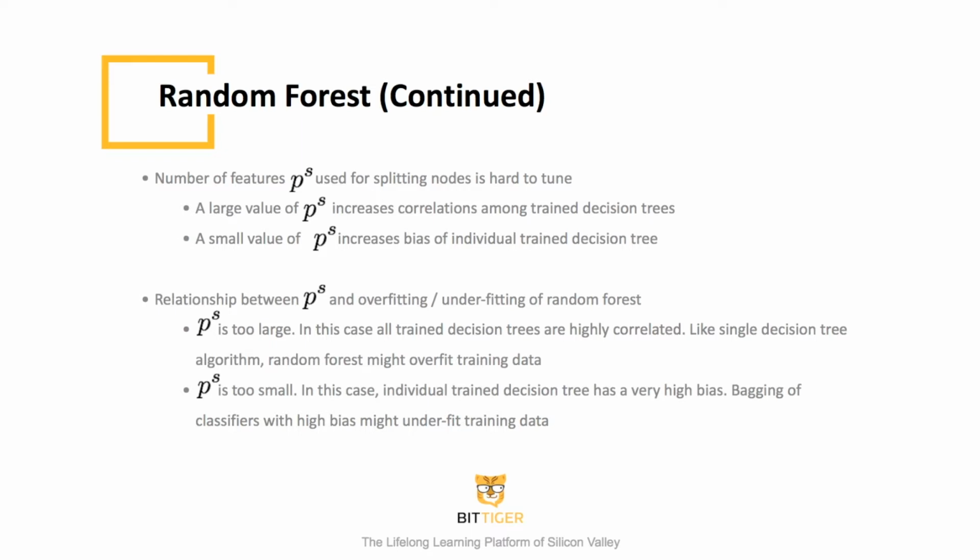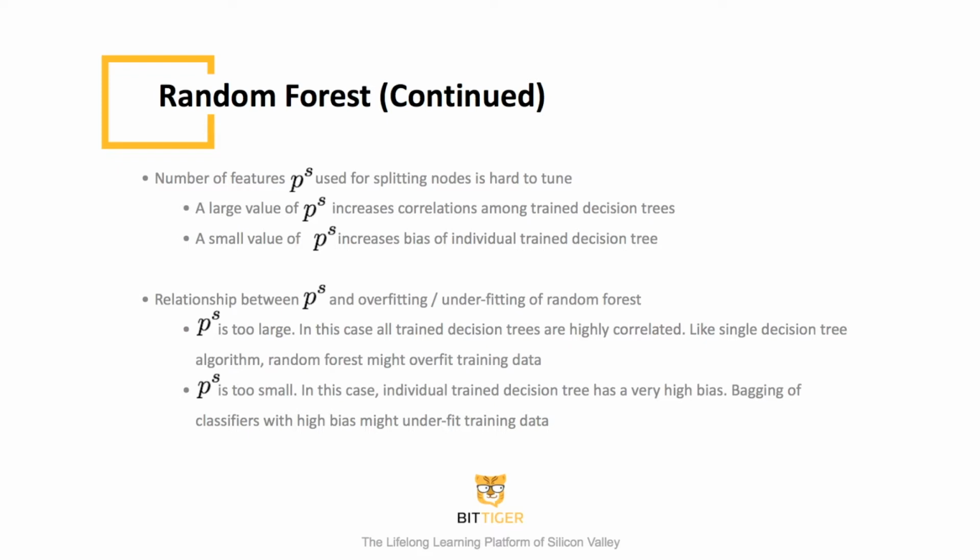Basically, neither a large value of p_s nor a small value of p_s is good. This is because a large value of p_s will increase correlation among trained decision trees, while a small value of p_s will increase the bias of individual trained decision trees. The relationship between p_s and overfitting or underfitting of random forest is summarized as follows.